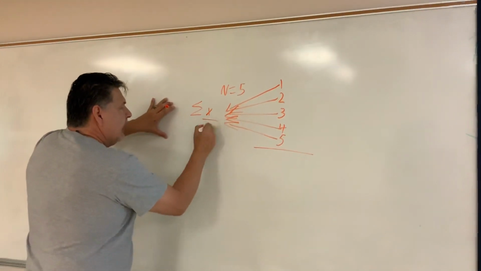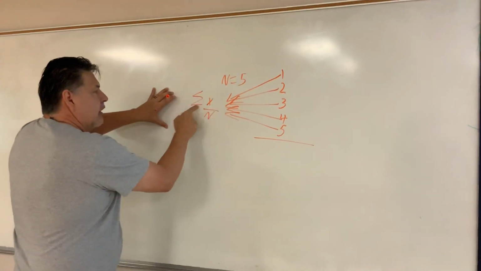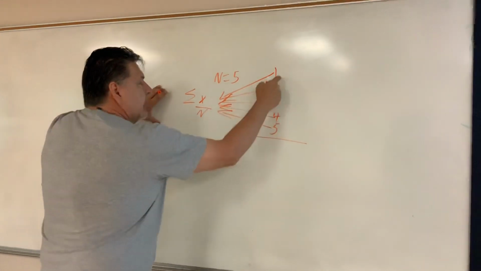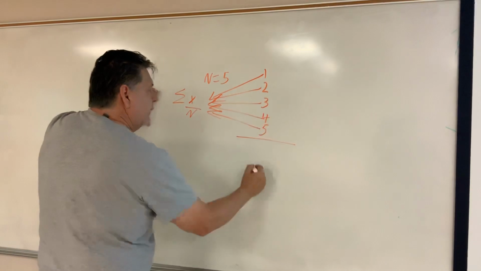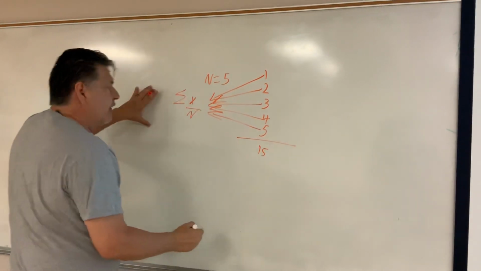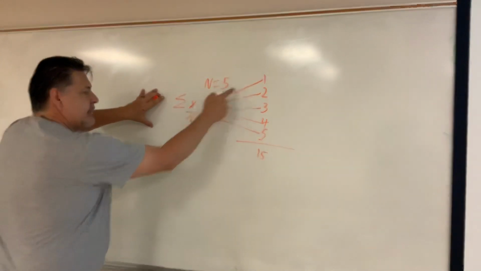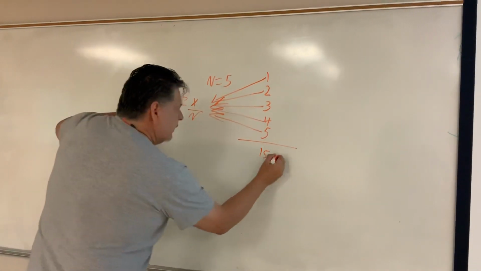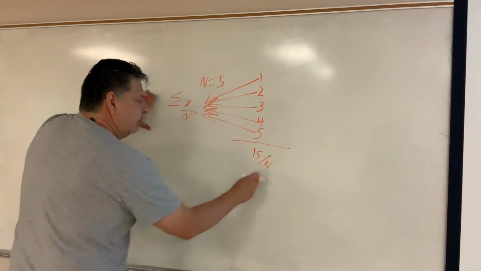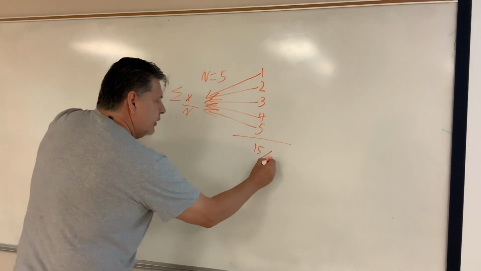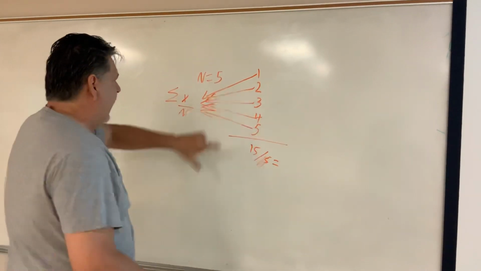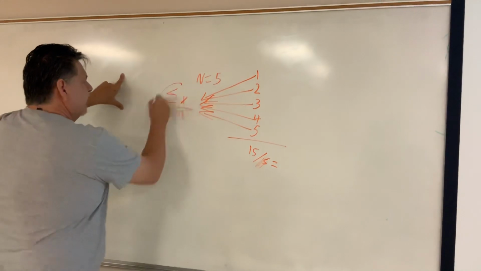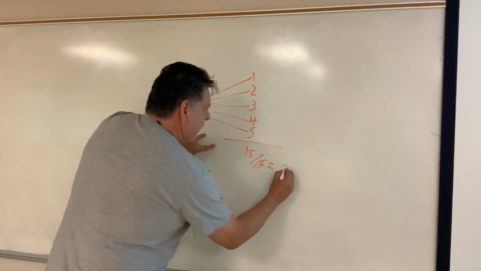Now I'm going to divide by n. So take the sum of x. When I sum all this up, 5 plus 4 plus 3 plus 2 plus 1 is going to equal 15. So the sum of x is equal to 15, divided by n, which is 5. And that should give me a grand total of the average, using this little formula for the average, which is 3.